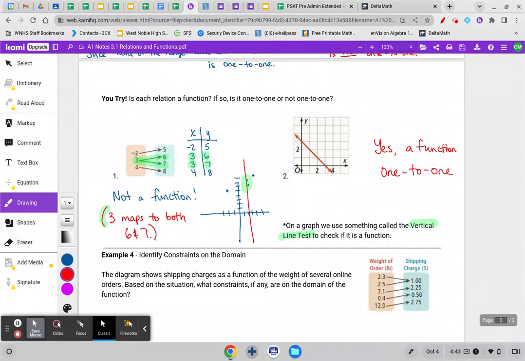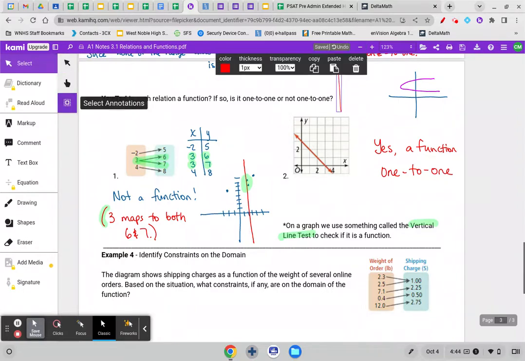Now, if I were to give you an example of one that would not pass this, if I draw something like this, which we will get to later in the year, and I test with a vertical line here, notice how my vertical line crosses my purple function in more than one spot.